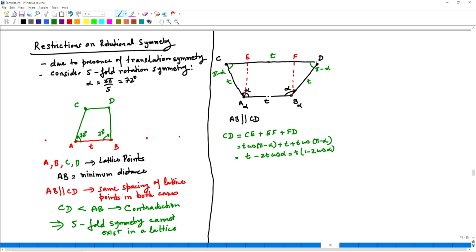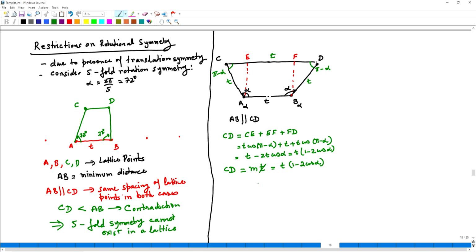Now, since C and D need to be lattice points, because A and B, we started out with, were lattice points, CD must be equal to an integral multiple of the translation from A to B. So, some integer m times T, and this would be equal to T into (1 minus 2 cos alpha).